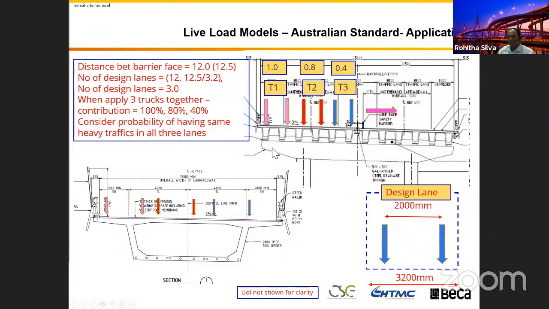And then in addition to that, if you look at this substructure, it's got a cantilever element, right? It's got a cantilever section, it's got a span, it's got a cantilever. If you put more truck towards the cantilever, that produces significant hogging bending moment in your substructure, in your cross beam, right? That's one way.